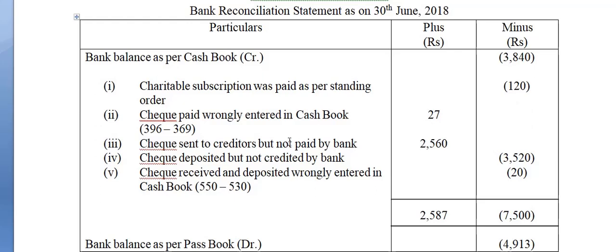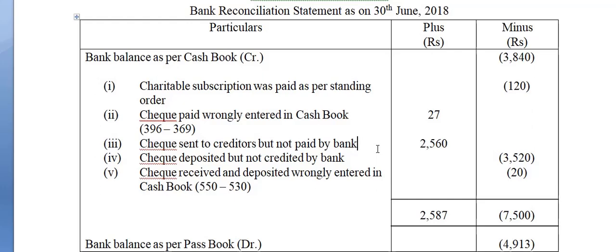Okay, it's not 396 but 369. Actually only 369 has been deducted from the bank account. That difference 27 has not been deducted, so it should be recorded on the plus side.